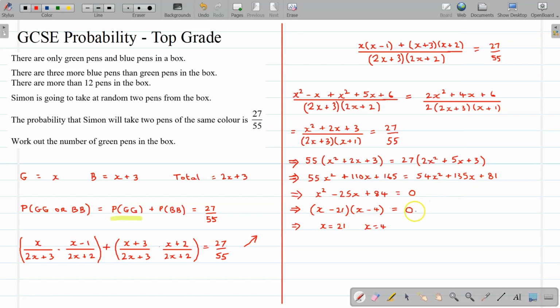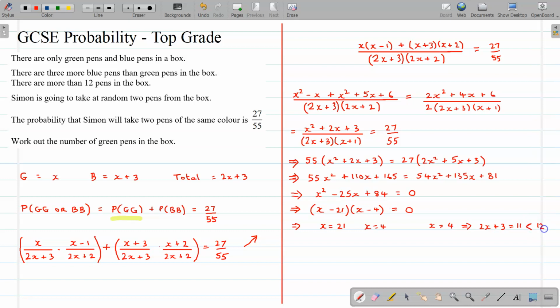Now, we go back to the original question, which tells us that there are more than 12 pens in the box. Now, remember, the total number of pens is 2x plus 3. If x equals 4, then 2x plus 3 would be 11, which is less than 12.